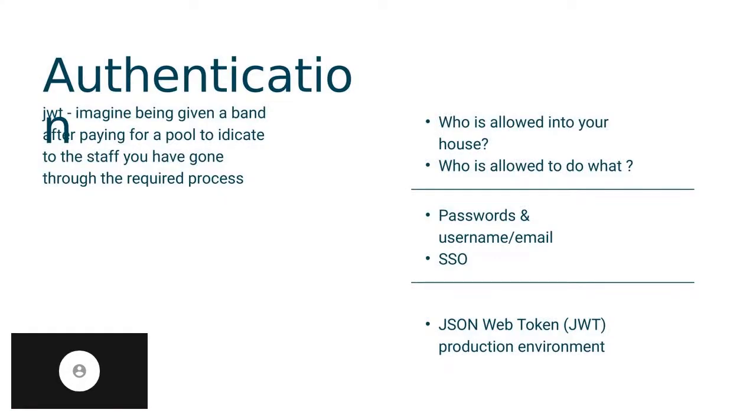So the next thing is authentication. We've seen what SSL is, and the different types of certificates, the private and the public. Now we're moving to authentication: how to authenticate your API.